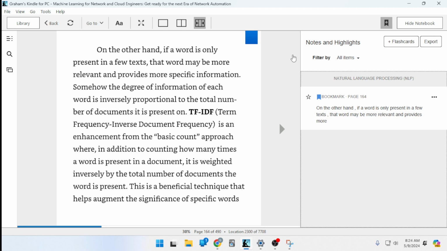However, the degree of information of each word is inversely proportional to the total number of documents it is present on.